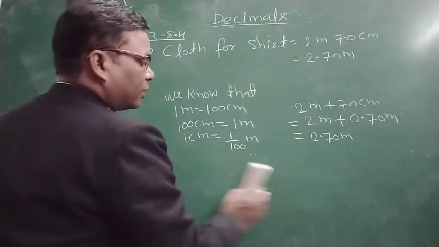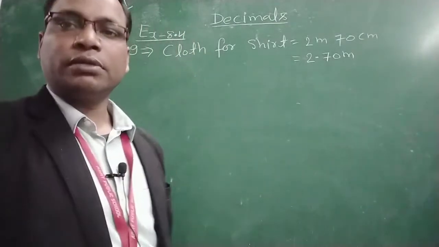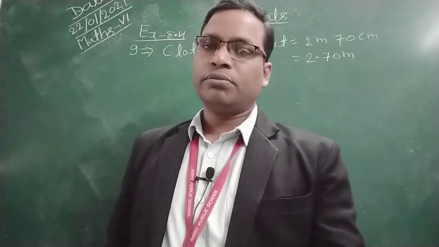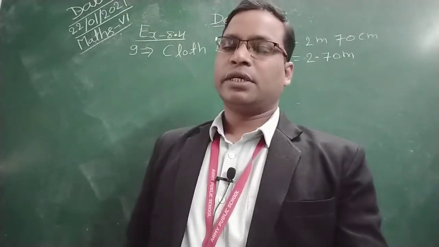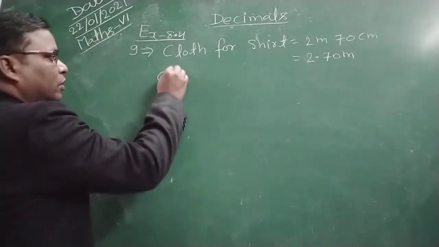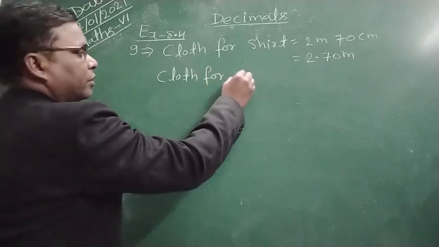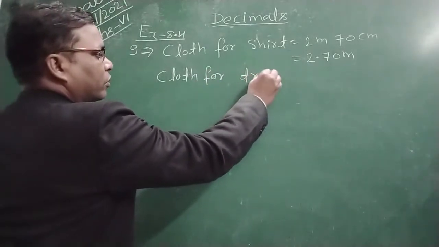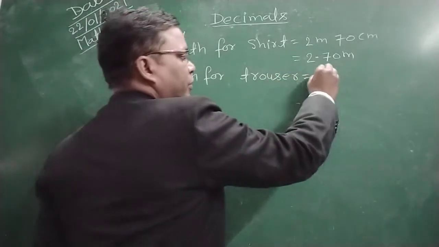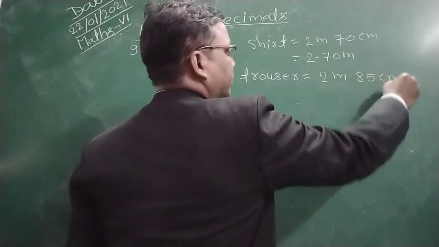Now, also given is the cloth for trouser. What is the cloth for trouser? This is given. The cloth for trouser is 2 meter 85 centimeter. Okay, so here we write cloth of trouser is equal to 2 meter 85 centimeter.